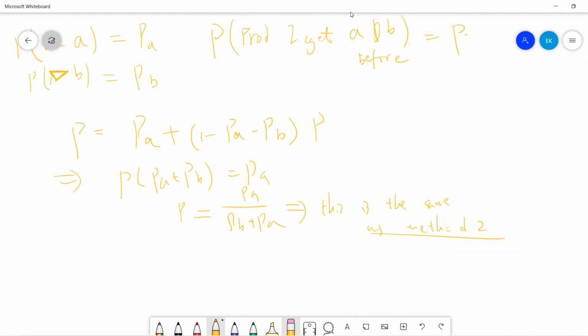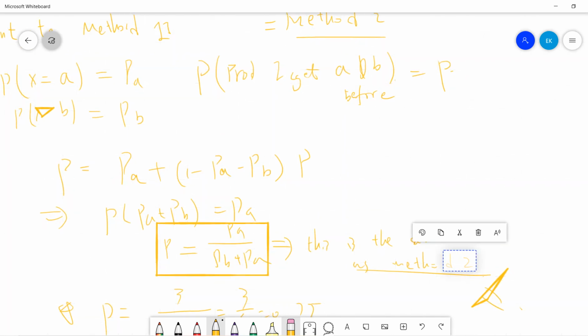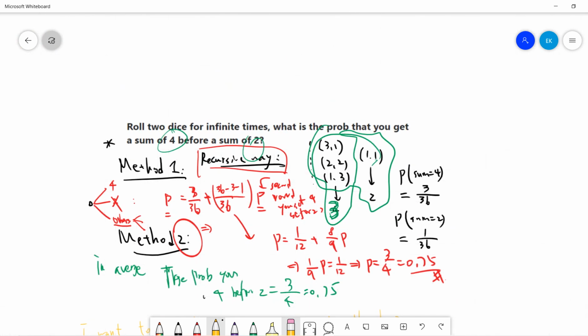So now if somebody asks you the same question, you can just use this answer: 3 over 3 plus 1, which is 0.75. When I first saw this question, I used method 1 to solve it because I wasn't smart enough to prove that method 1 is the same as method 2.